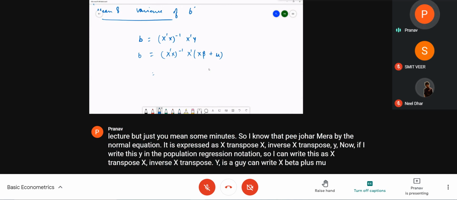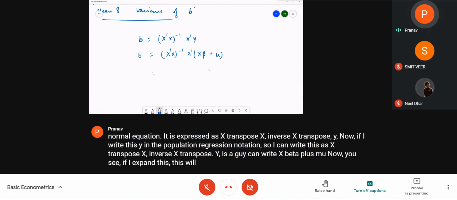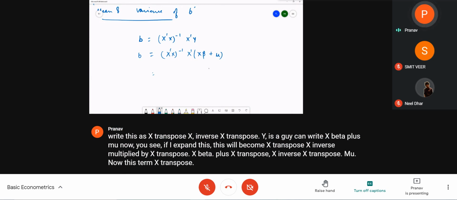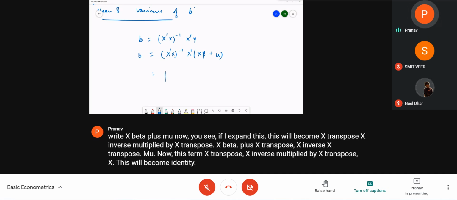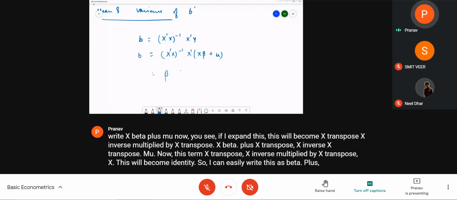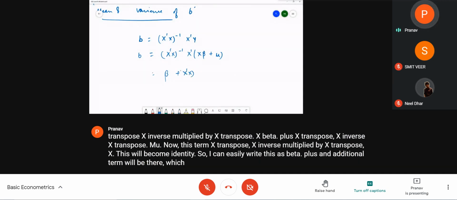If I expand this, it becomes X transpose X inverse multiplied by X transpose X beta plus X transpose X inverse X transpose mu. Now X transpose X inverse multiplied by X transpose X becomes the identity. So I can write this as beta plus an additional term, which is X transpose X inverse X transpose mu.